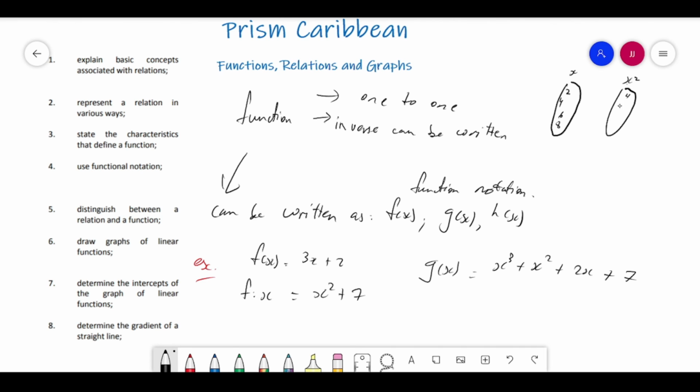So 2 by 2 is 4, 4 by 4 is 16, 6 by 6 is 36, 8 by 8 is 64. So there is a relation, right? And that relation can be written as f of x is equal to x squared. That, since it's a one-to-one, it is a function, right? This here is given as a function, right?